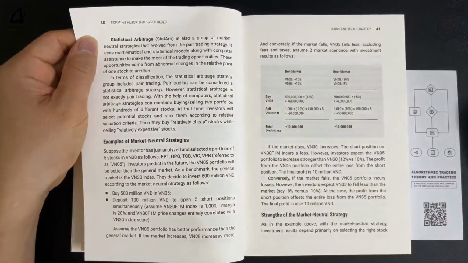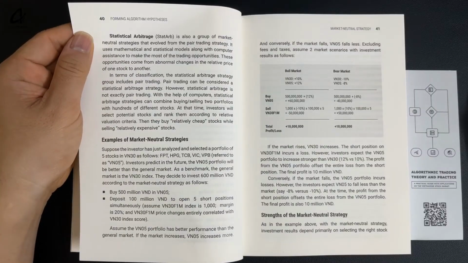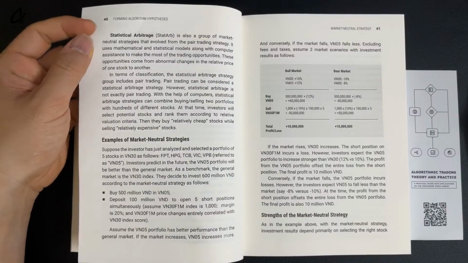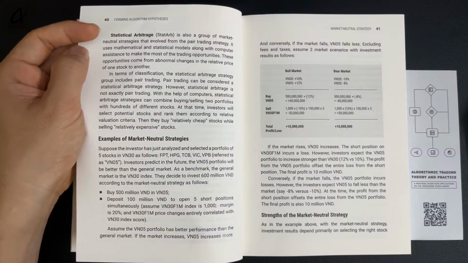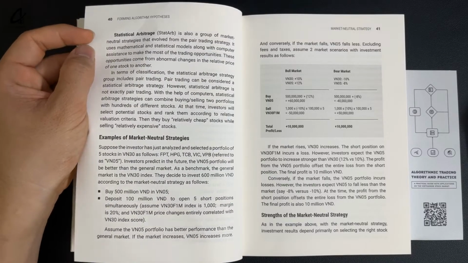Next one, statistical arbitrage, or StatArb, is also a group of market-neutral strategies that evolved from the pairs trading strategy. It uses mathematical and statistical models along with computer assistance to make the most of trading opportunities.